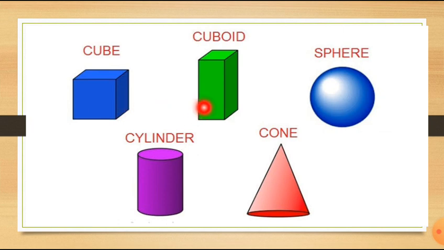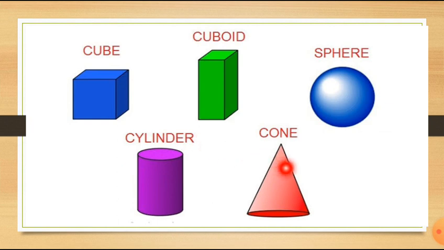Then cuboid, the example for cuboid is, yes, bricks and boxes. Example for sphere is the football, basketball, and the globe is also in the shape of sphere. And then cylinder, yes, the candle, battery and the gas cylinder, these all are in cylinder shape.